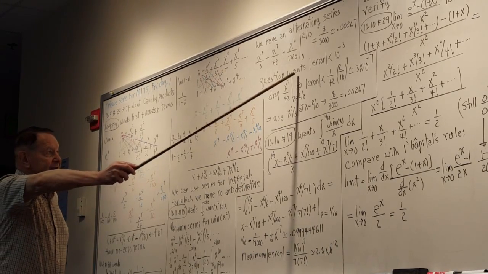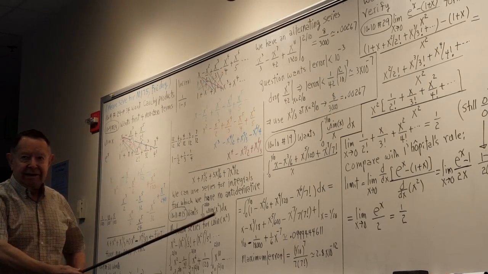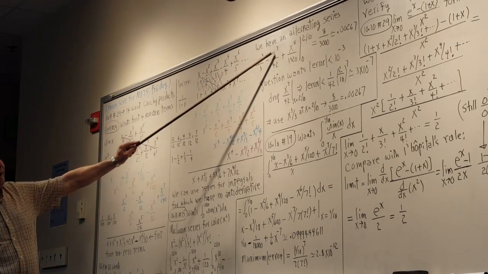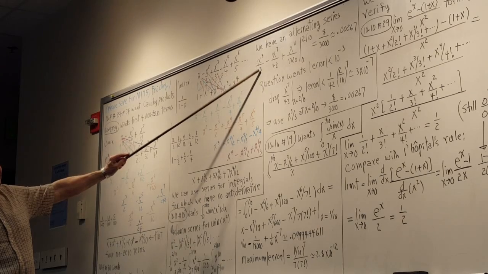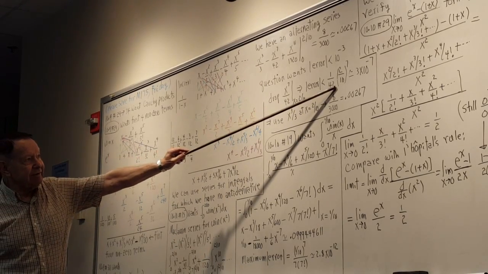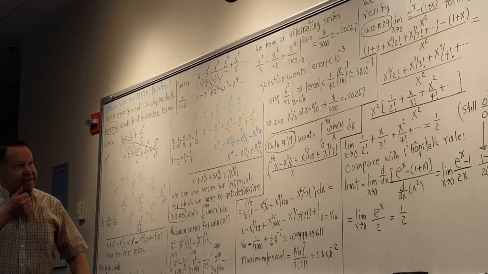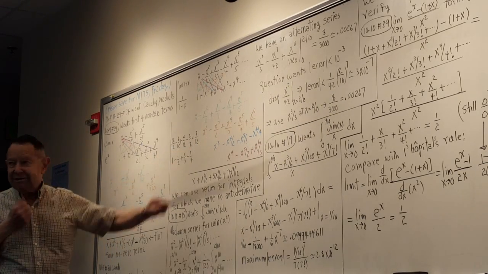So the question says take enough terms so the error is less than 1 in 1,000. So if you dropped this term, if you just used the first term, the error is less than what this is, which you see is a whole lot less than the precision they said.